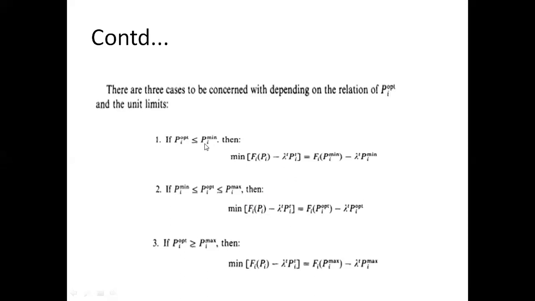Here, if P_i optimum is less than P_i minimum, the P value that we write in this function will be the P_i minimum value. If P_i optimum lies between P_i minimum and P_i maximum, we write the value of P as P_i optimum. If P_i optimum is greater than P_i max, then this function becomes F_i(P_i max) minus lambda_t P_i max, meaning we write the value of P_i max.